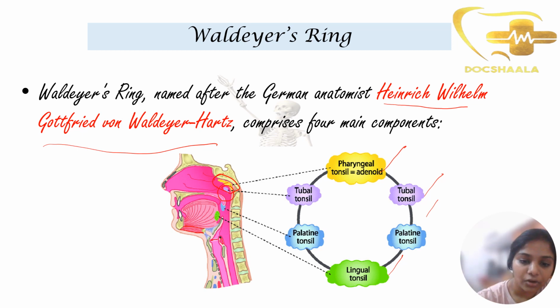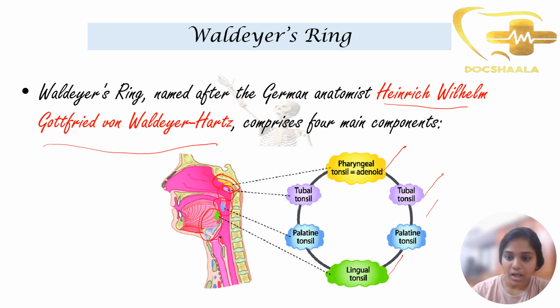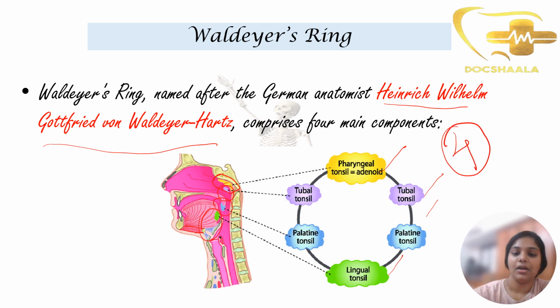And palatine tonsils which are also present on either side, and lingual tonsil which is present on the lingual side of the tongue. So because of this, it has been named as a Waldeyer's ring. So all these combine and form a ring. So the components of Waldeyer's ring are four. So the four components, you have to remember this, right?